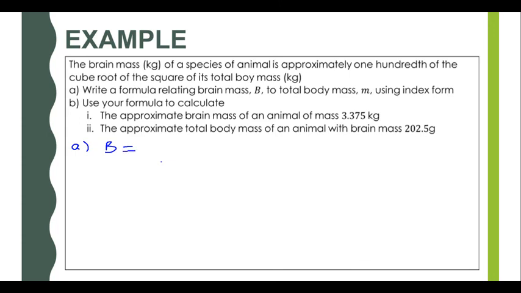So B is equal to 1 divided by 100 of the cube root of the square of its total body mass. And its body mass is represented by m, so that gives us m squared.